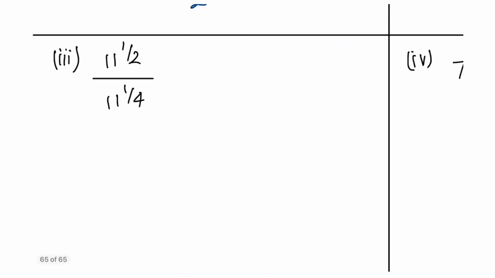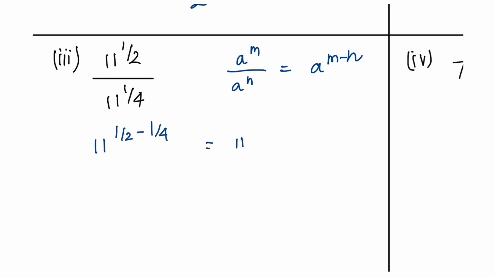Right, moving on to the next subdivision here, and we are going to use a formula that we already saw in the example ones. Right, so it's basically a power m divided by a power n, and that is a power m minus n, right? We know this. That is what we are going to apply here. So it's basically 11 power 1 by 2 minus 1 by 4, and that is going to be 11 power 1 by 4.